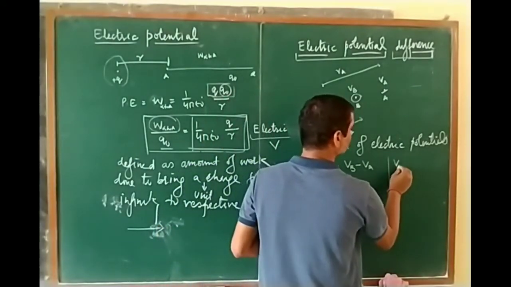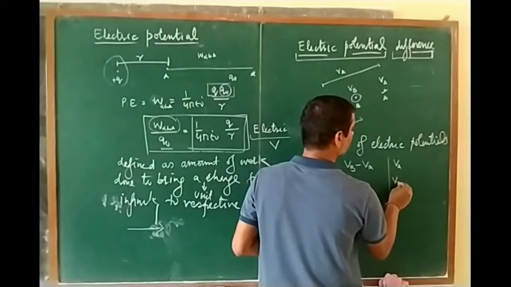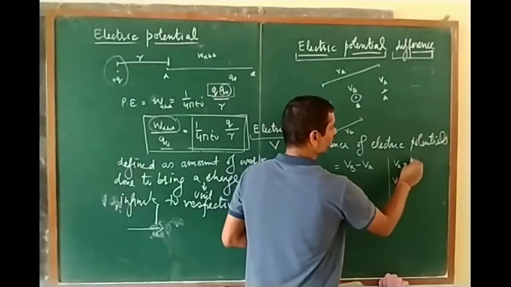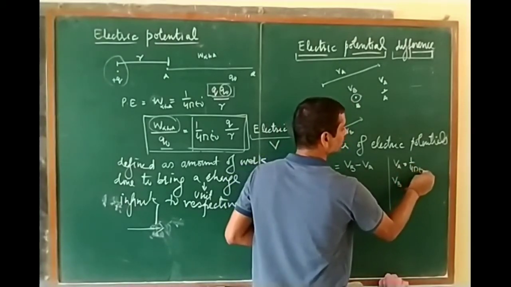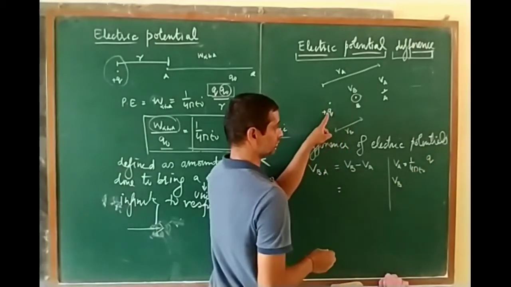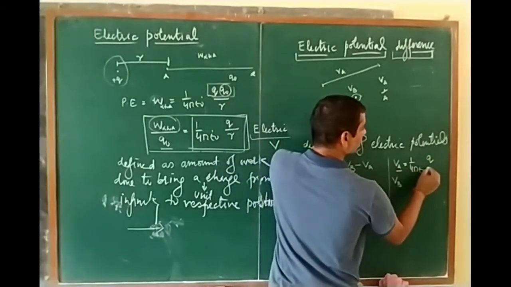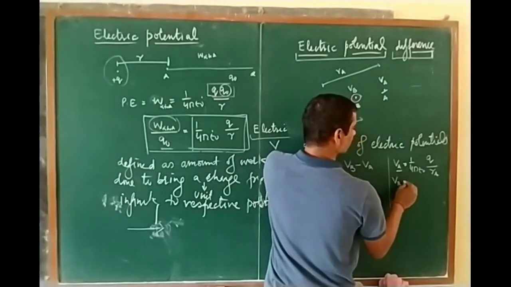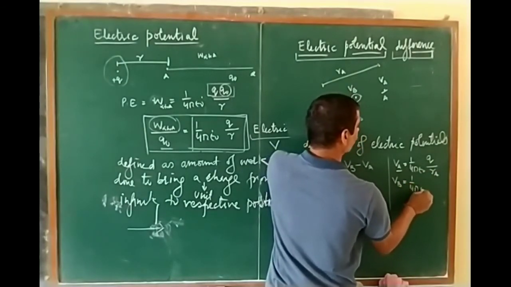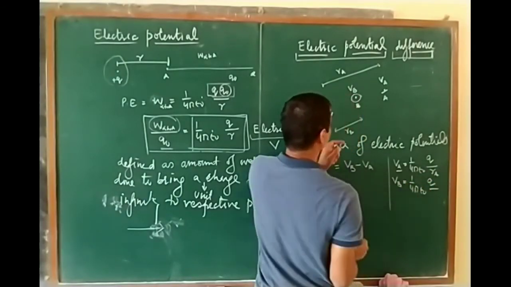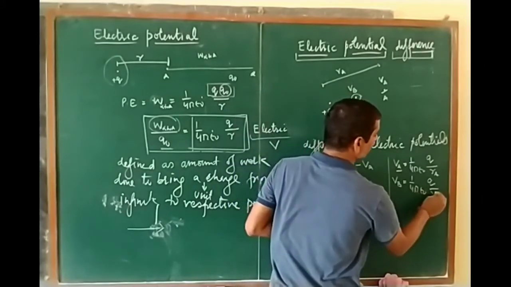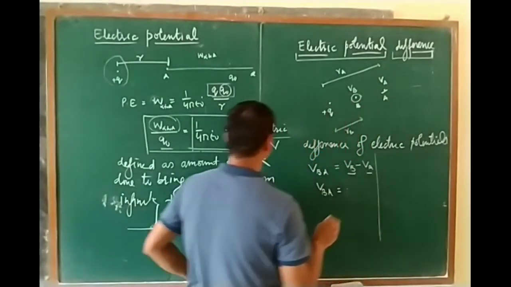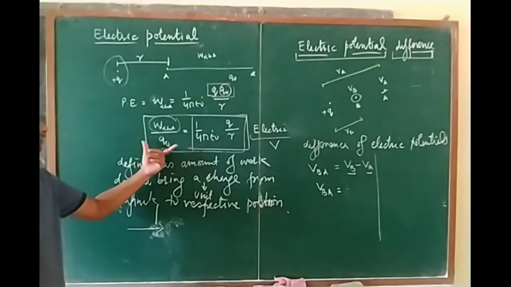We know the electric potential at point A and at point B is what? 1 upon 4 pi epsilon naught, charge Q, and distance RA. Similarly, at this point, 1 upon 4 pi epsilon naught, source charge and distance RB.